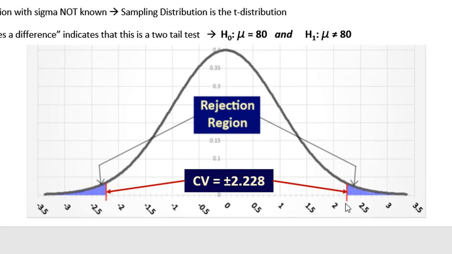And we have one at positive 2.228, which is right here. We, in a sense, have two rejection regions. If my test statistic falls in either rejection region, then we would reject the null hypothesis. And of course, if it doesn't fall in either one, then we would fail to reject the null hypothesis.